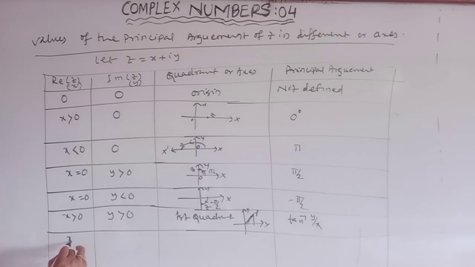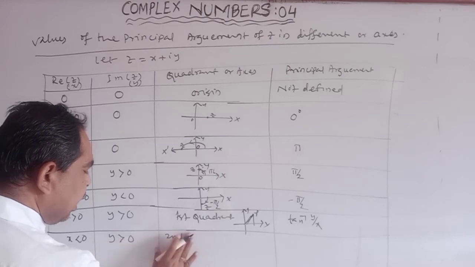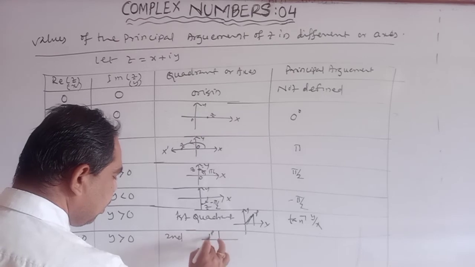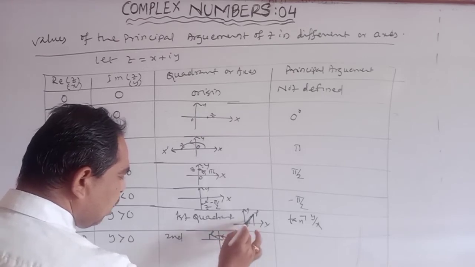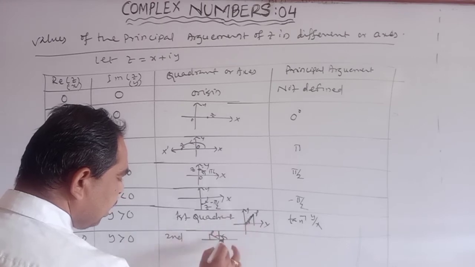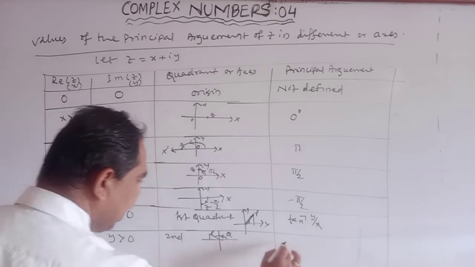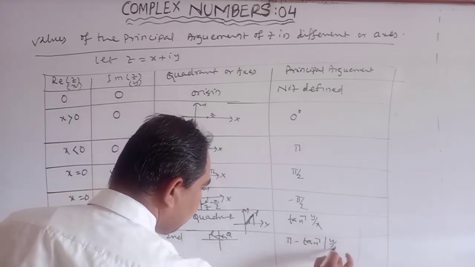Next, x less than 0, y greater than 0, second quadrant. At the point, this is the angle theta. So this is pi minus tan inverse mod of y by x.